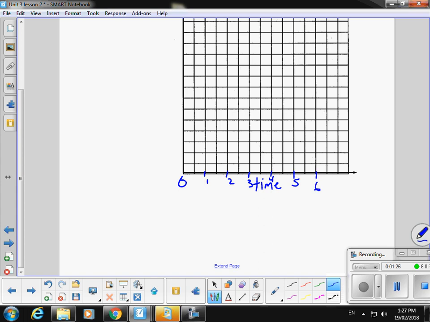At t equals 4, s is 32. I have a smooth curve. Okay, not super smooth, but we have an approximate s of t.